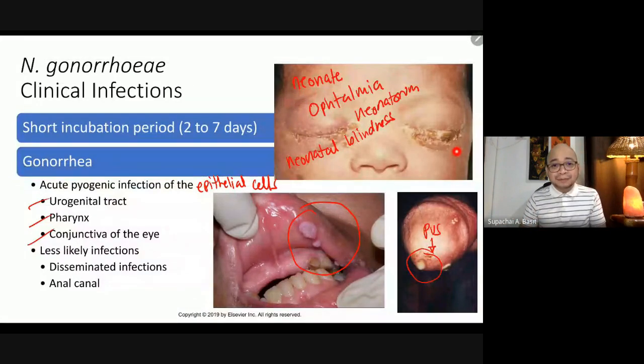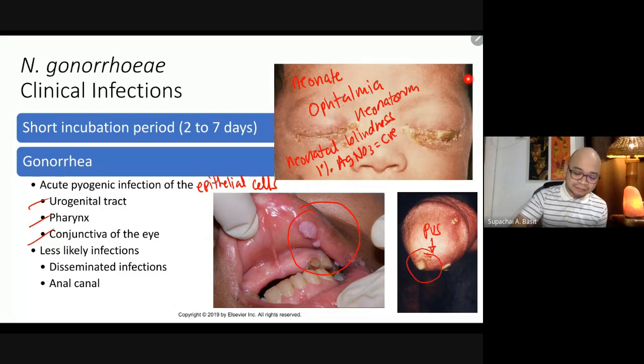This can be prevented by dropping 1% silver nitrate at the time that he's born. This 1% silver nitrate is known as the Crede prophylaxis.